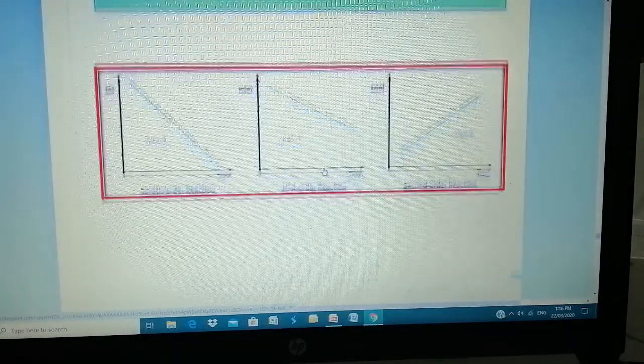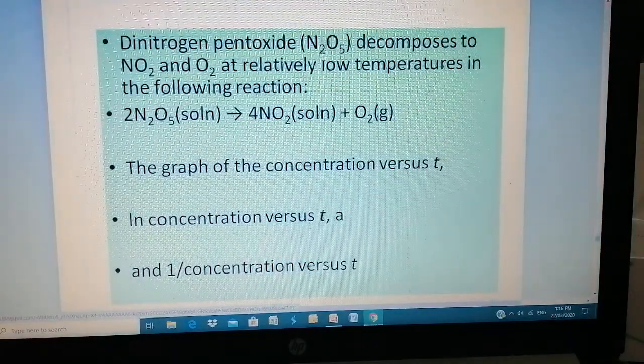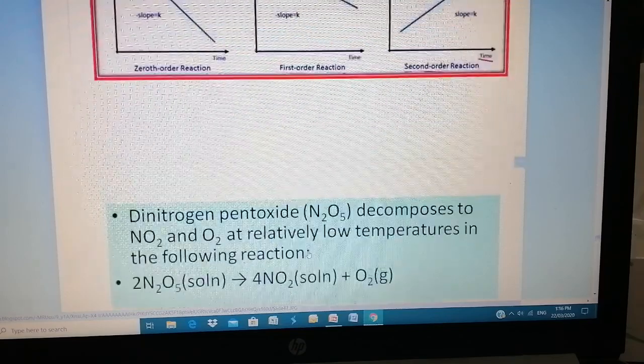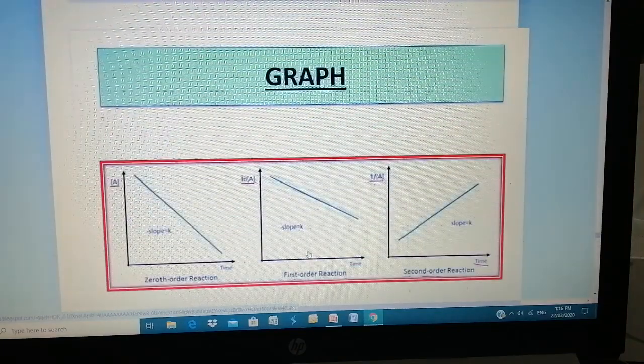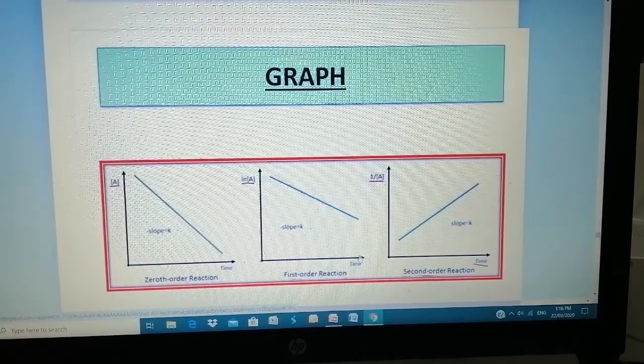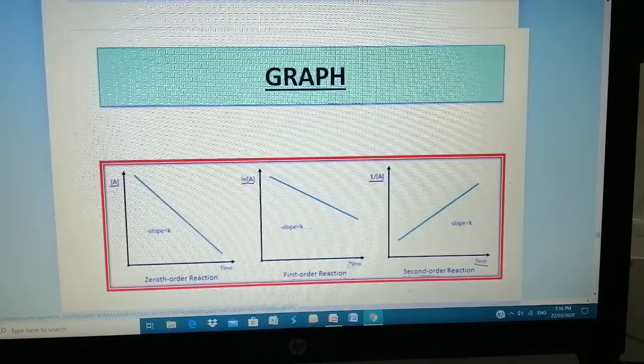So now we will see some questions. Dinitrogen pentoxide decomposes to NO2 and O2 at relatively low temperature in the following reaction. The graphs of concentration versus time, log of concentration versus time, and 1 by concentration versus time are given. If they give you the plotted graph, you have to see which shape is identical with this.